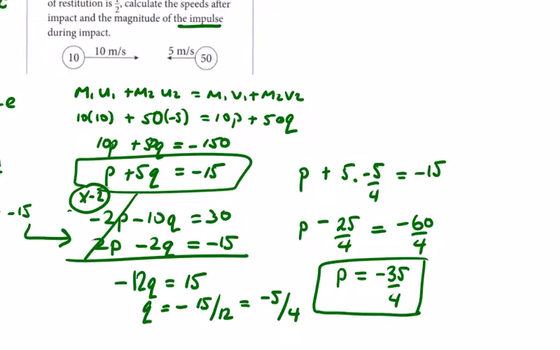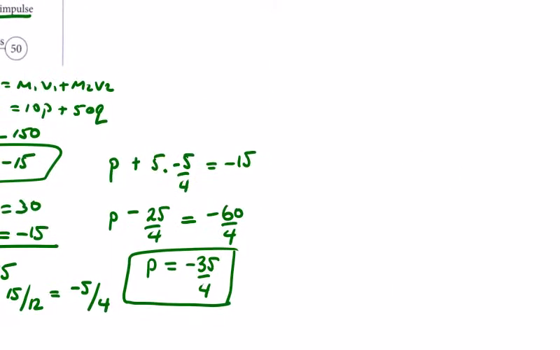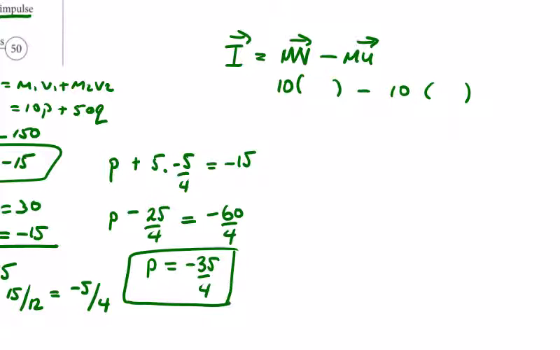And we're asked for the impulse as well, aren't we? The impulse here is mv minus mu. So we have our 10. Let's use that. We've got the speed there to be minus 35 over 4, and the speed before is 10.